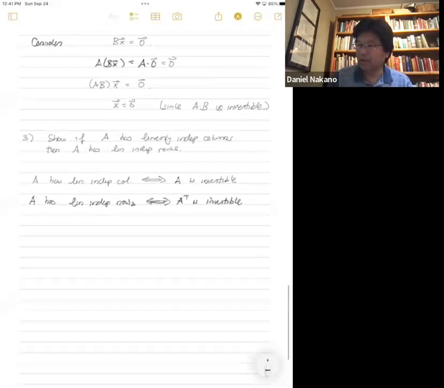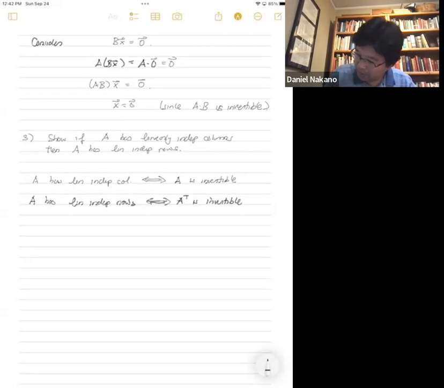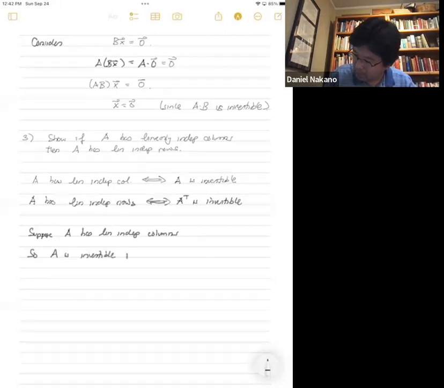So what we can do now is use our little formula for the inverse of the transpose. So suppose A has linearly independent columns. So we know that A is invertible, and A inverse exists.